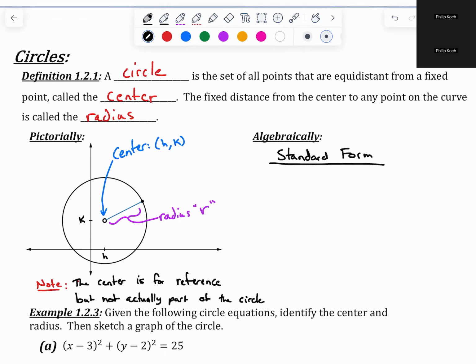The standard form of a circle is (x minus h) squared plus (y minus k) squared equals r squared, with center (h, k) and radius r. So that is the standard form of a circle.